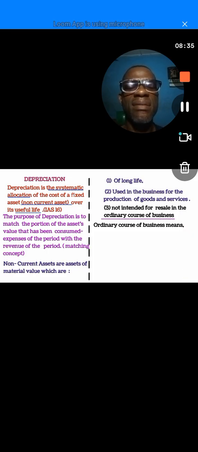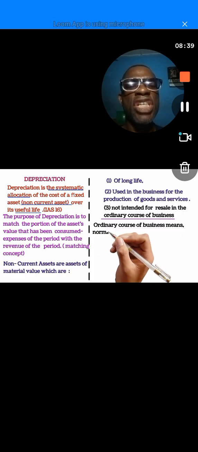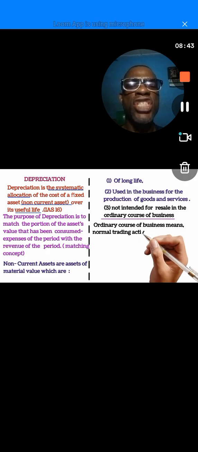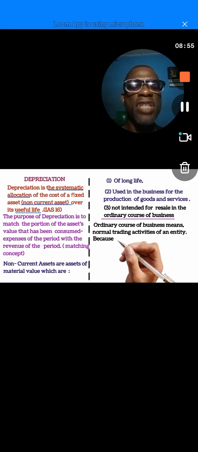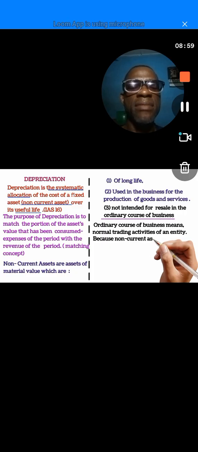And this explanation differentiates non-current asset from inventory. Inventory are assets that the business is dealing on day by day. Ordinary course of business will mean normal trading activity of an entity.